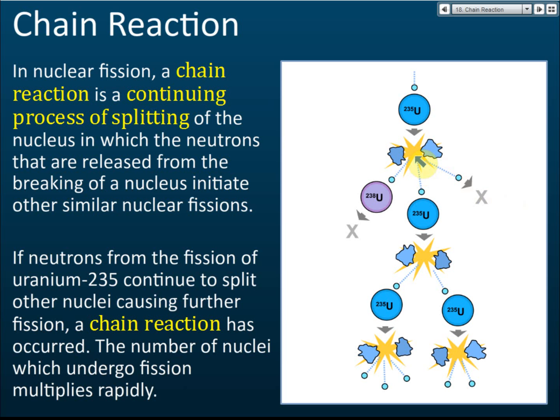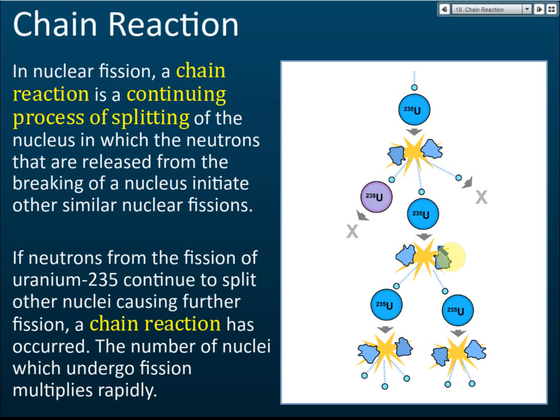Or it hits another uranium, but the energy of this neutron is too low, so it does not cause the uranium to split. It becomes unstable, but it's not broken, so nothing occurs. Or if the energy of the neutron is high enough and it hits another uranium, this uranium undergoes another fission.